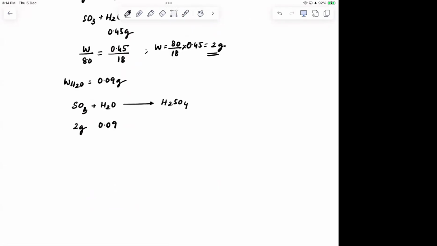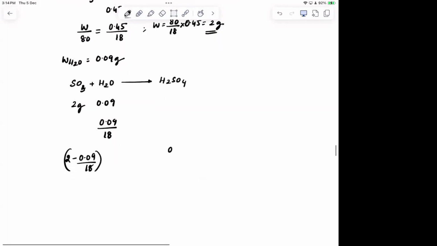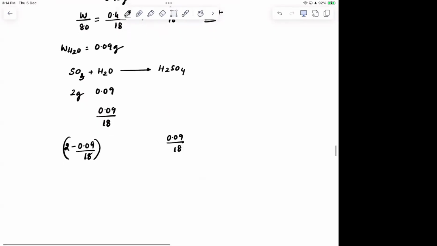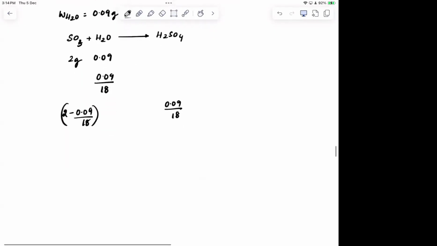So obviously this is the limiting reagent now. So 0.09 divided by 18, right? 1 mole requires 1 mole. So 2 minus 0.09 by 18 is the amount of SO3 getting reacted, to form 0.09 by 18 moles of H2SO4. So how much is the weight of H2SO4 now?